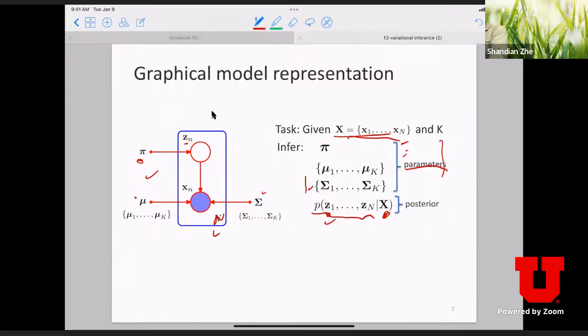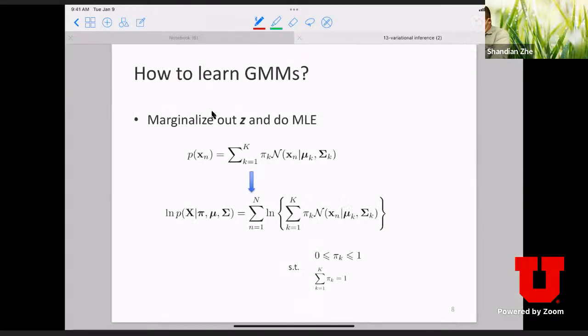Then our learning task would be, how to identify these two things? A very straightforward, or seemingly smart, way will be to first marginalize out the cluster membership Z. The joint probability for each data point and the cluster membership is P of Zn times P of Xn given Zn, and Zn is just a categorical random variable.